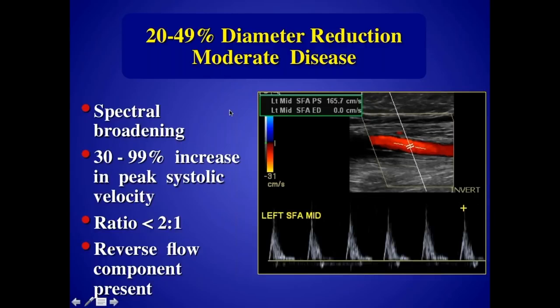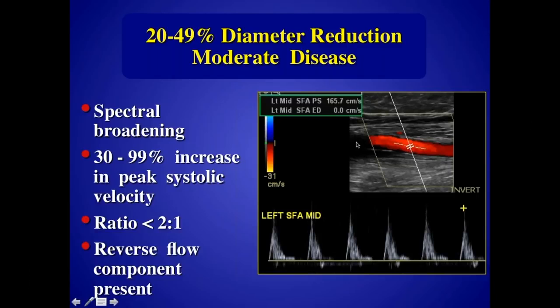For the moderate category, we'll see further increase in the peak systolic velocity, now up to 99% greater than the normal proximal segment. So again, in this example, we have a stenosis in the superficial femoral artery. Place the sample volume there, it's angle corrected, the velocity is about 166 centimeters per second.